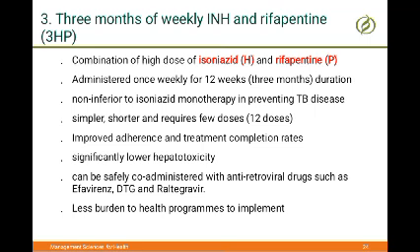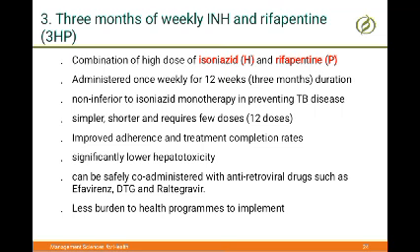Non-inferior to isoniazid monotherapy in preventing TB disease, simpler, shorter, and requires few doses, that means 12 doses, improved adherence and treatment completion rates, significantly lower hepatotoxicity.